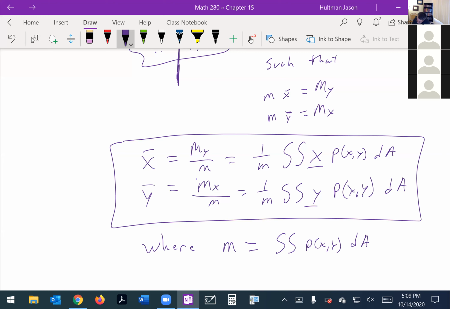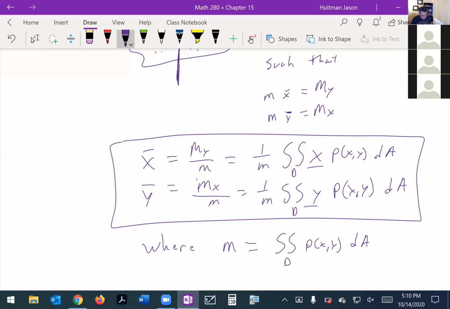You could put some D's here for the domain of the region. So we can actually find the centers of mass now if we know the density function. All we need to know is the density function, and we can get the center of mass.